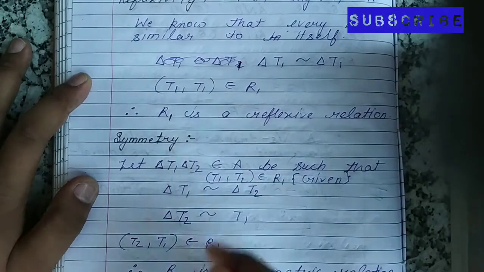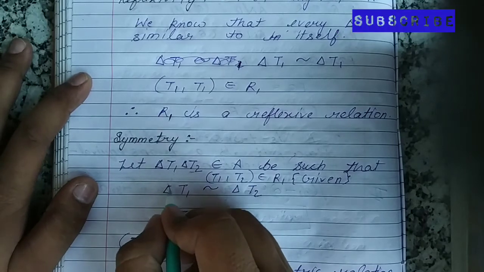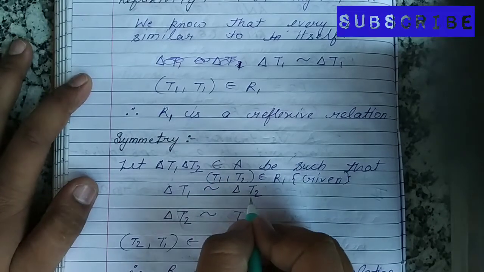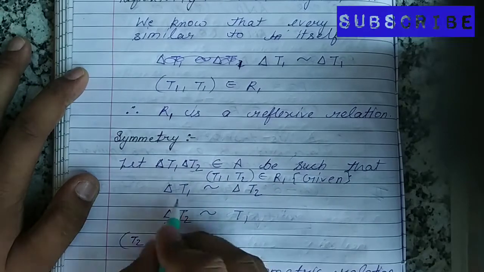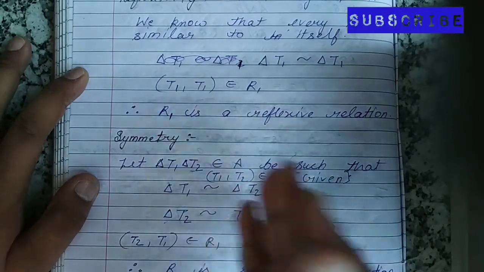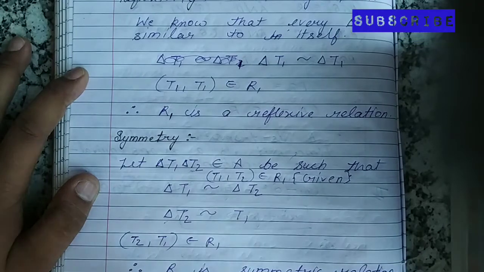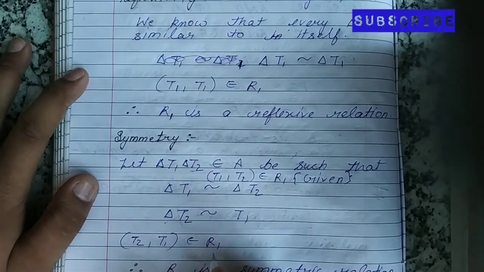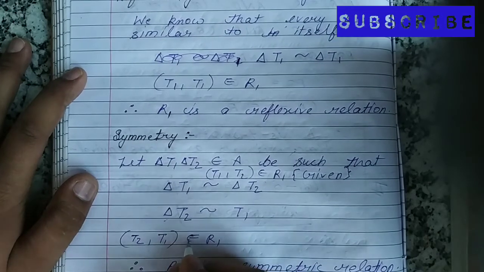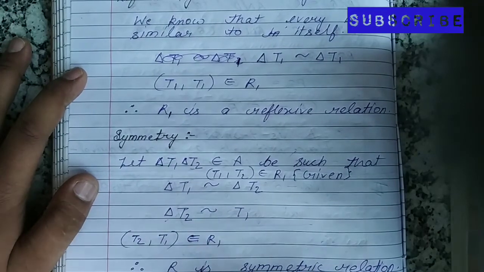It is already given in the question. So we can say that triangle T1 is similar to triangle T2. Now nothing more, we will write it like this: if T1 is similar to T2, then T2 is similar to T1. You have studied this in 9th class. So T2, T1 belongs to relation R1. So we can say that R1 is a symmetrical relation.